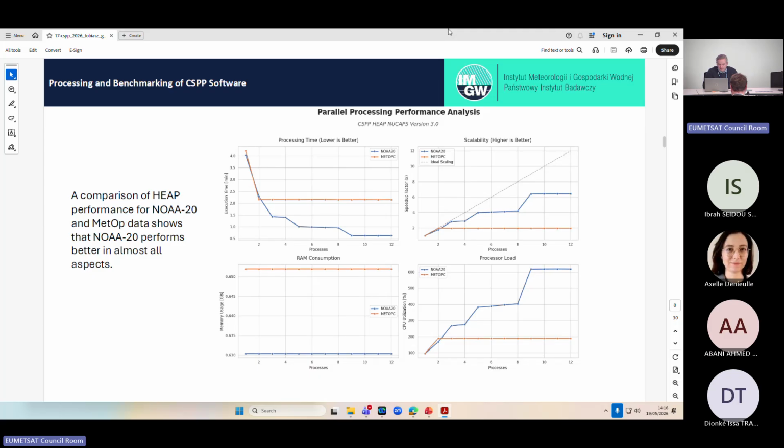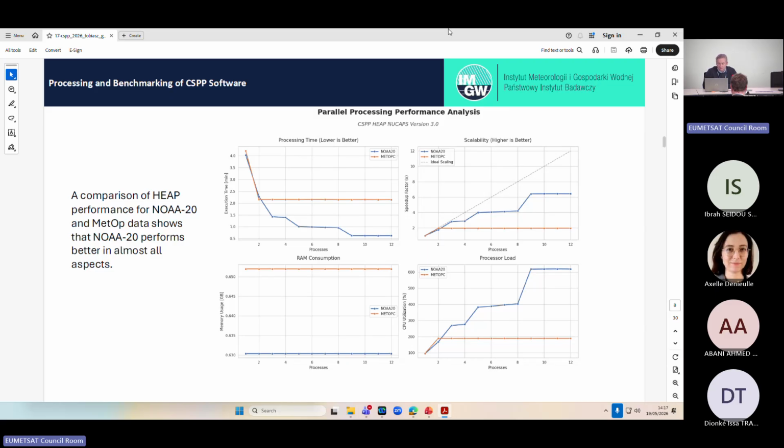The difference between METOP-C and NOAA-20 is not very big for memory usage, and CPU utilization is very different between these 2 satellites.